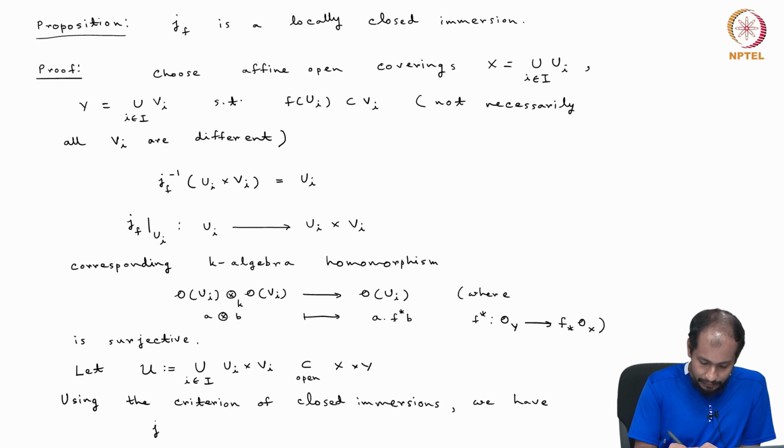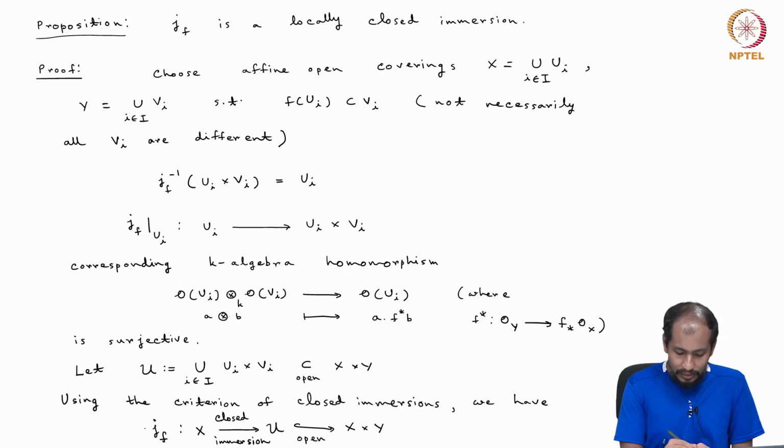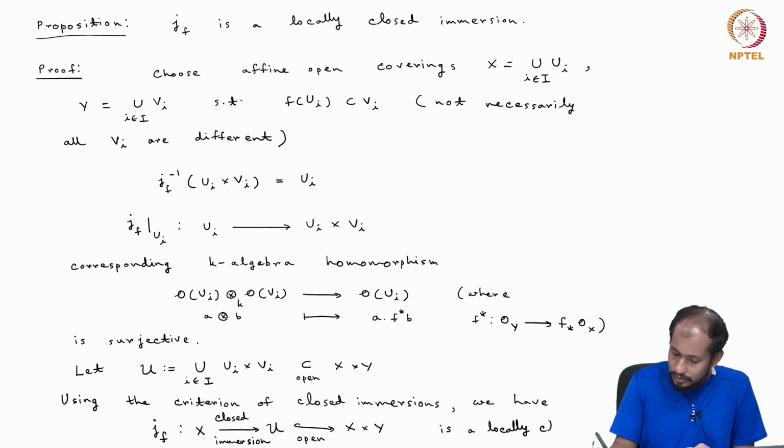this j_f from X to this U is a closed immersion, and this U is actually open inside X cross Y. So this composition is a locally closed immersion.